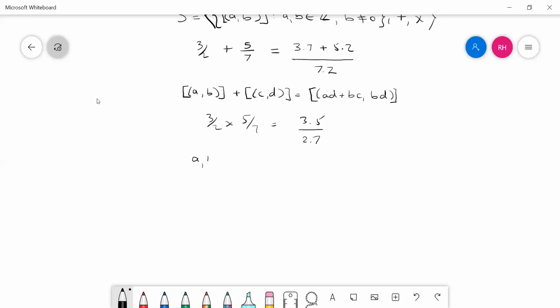Our rule for multiplication is if we've got the equivalence class containing the ordered pair AB and we multiply it by another element of S, which we'll call CD, then that will give us the equivalence class AC, BD. Actually, I don't like that. The brackets are a bit close. So I'll try and maybe write a little bit bigger.